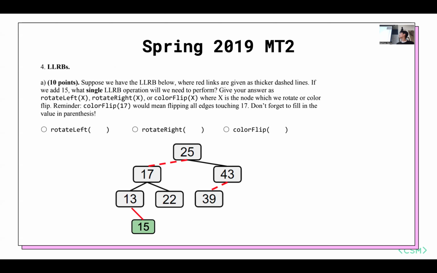Also, side note, whenever you want to add a node to a red-black tree, you always add the node as a red link. It's just the same as the B tree. When you're adding a node, you're not going to add another subtree. You're just going to add it to the node that it's in, and then if it's overloaded, then you correct it. It's the same thing for this. You always add it as a red link, and you correct it afterwards. So this is the valid place for 15.